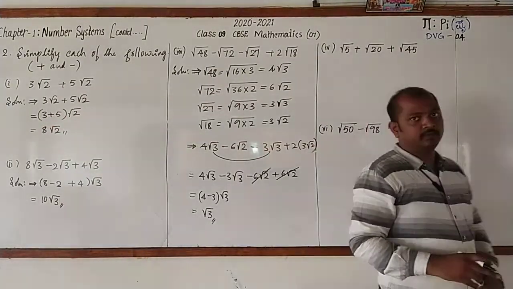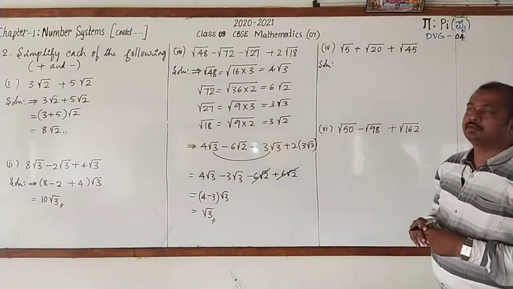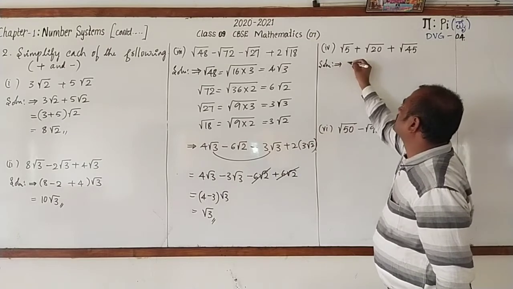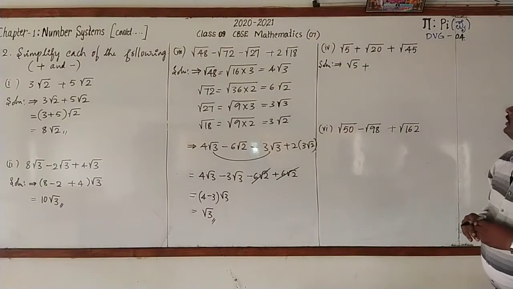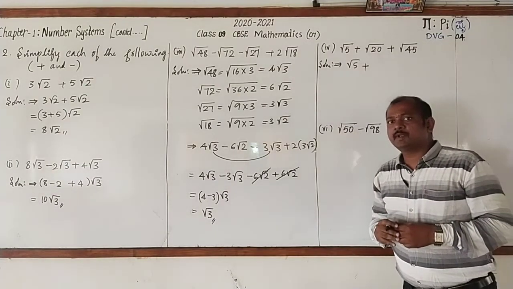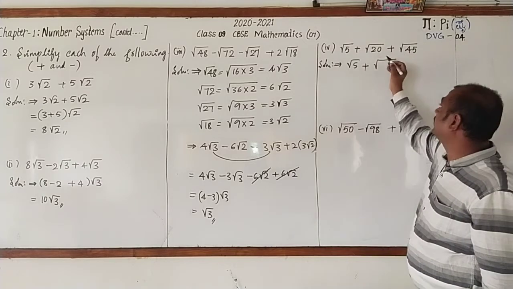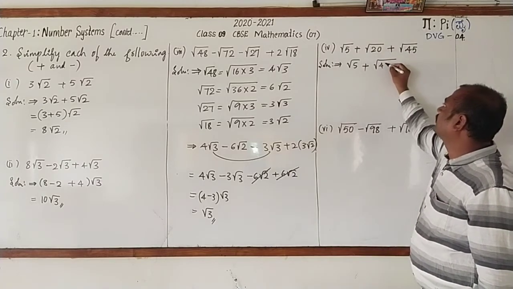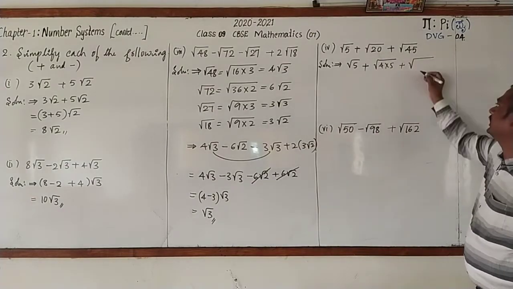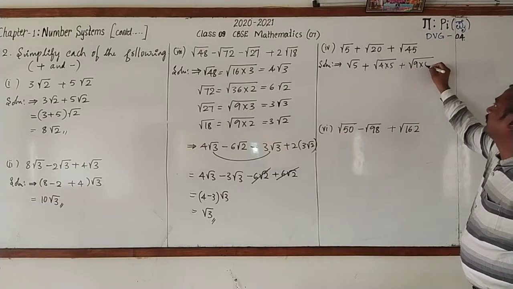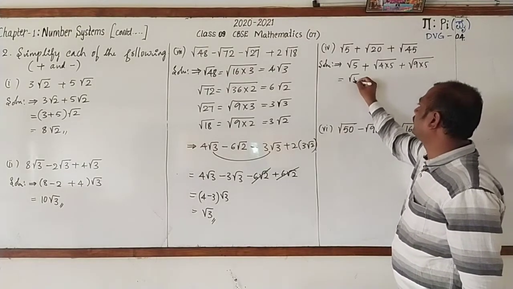Let's come to the fourth one. This is also an interesting one. Simple: square root of 5 plus square root of 20 plus square root of 45. Can we write it in simplest form? Of course, I write directly here because they are simple numbers. 20 can be written as 4 into 5. Then root 45. 45 can be written as 9 5s. Clear? Root 5 as it is.